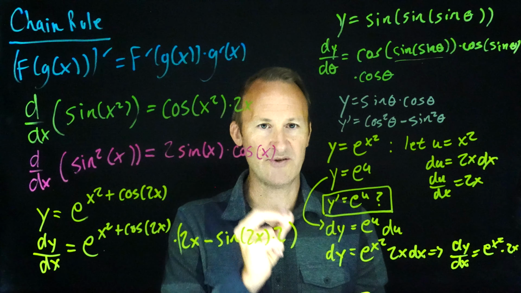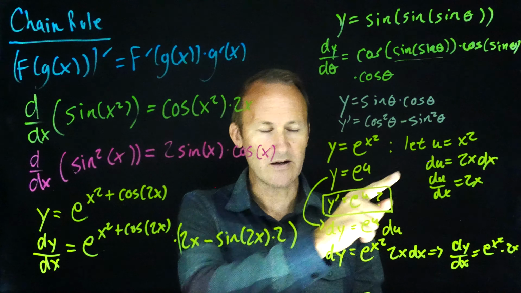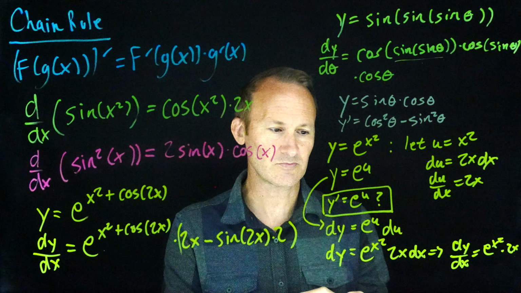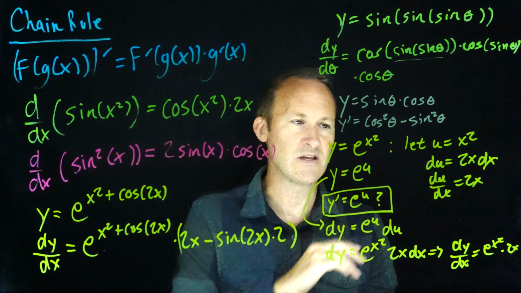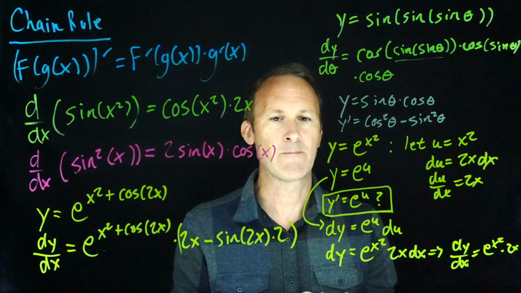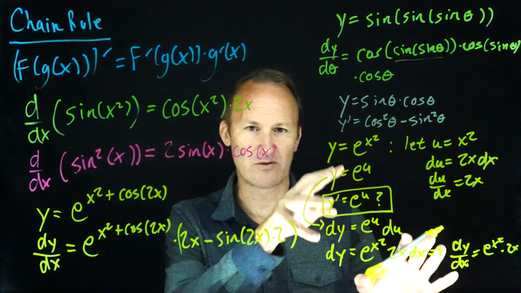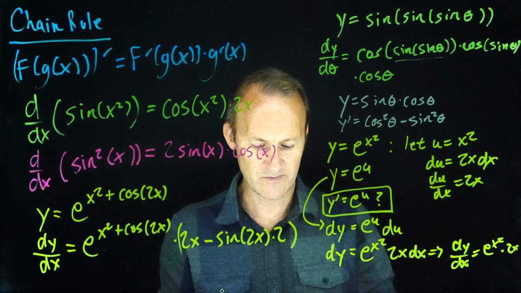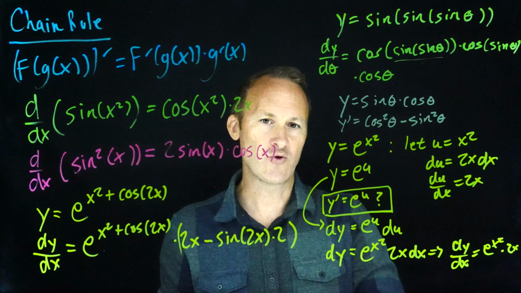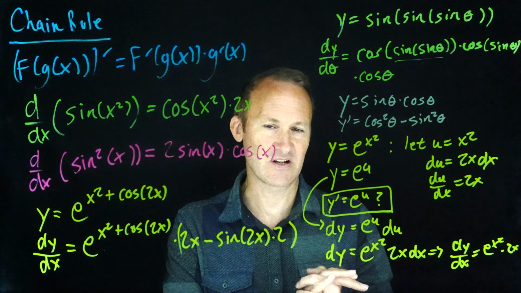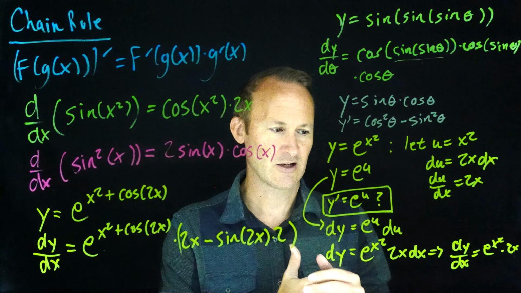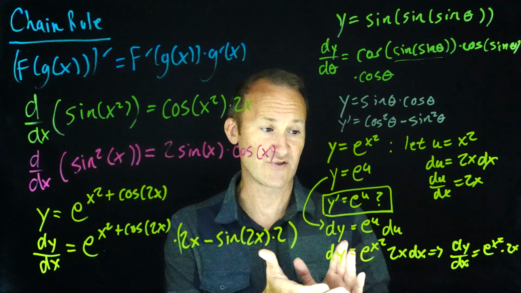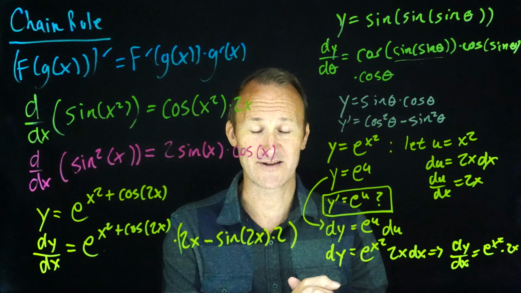But if we want it in terms of x, you've got to go back and make a substitution, and you've got to say what du is. Now I realize the style of the derivative at the end, using du's and dx's, is new for most of you. You will get plenty of practice with it because there is a later technique called implicit differentiation that we will look at soon that actually uses this.